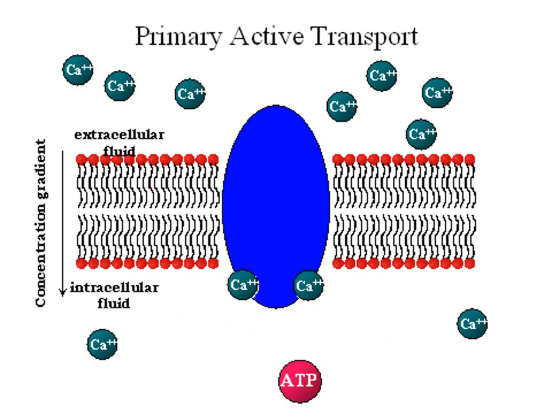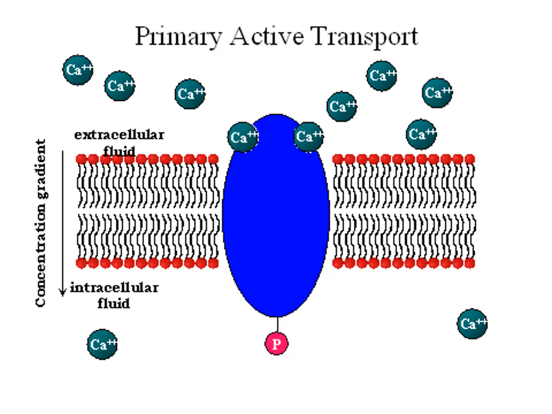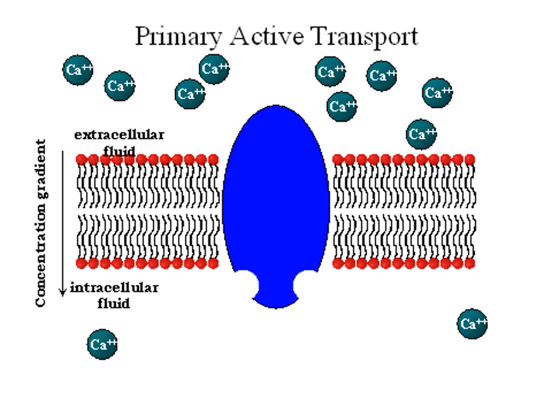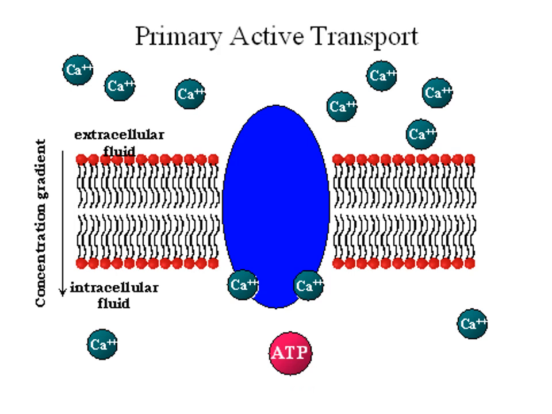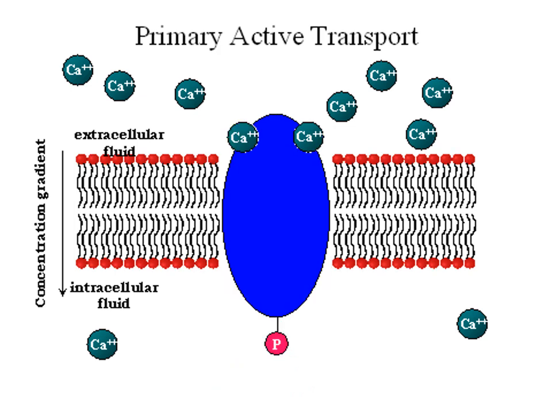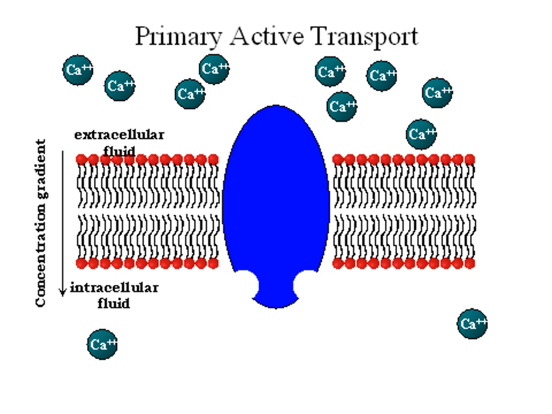Sometimes we need solutes to go where they will not go spontaneously. Think of your car. You don't have to burn gas to get your car to roll downhill. That is a spontaneous process. But if you want your car to go uphill, you'll have to input energy. The same is true when cells need to move a solute from where they are less concentrated to where they are more concentrated.